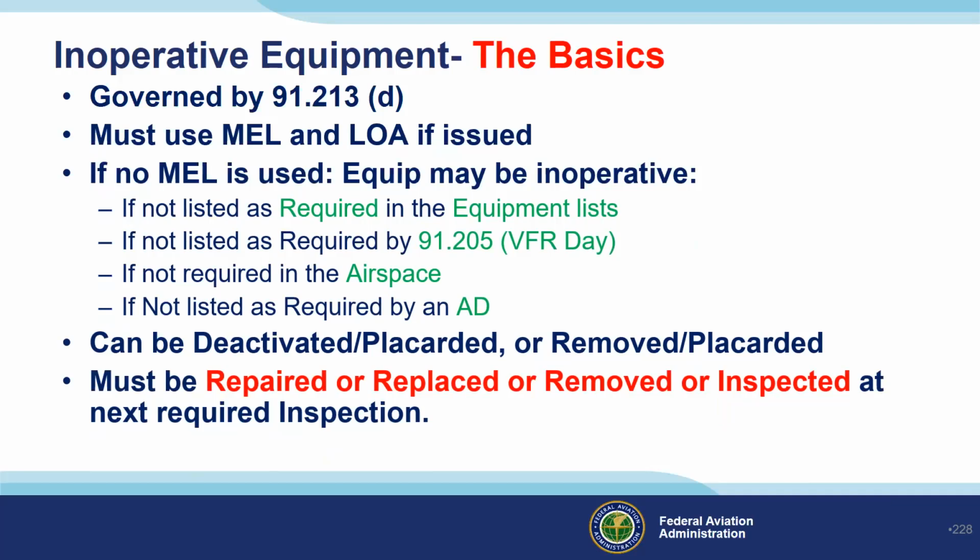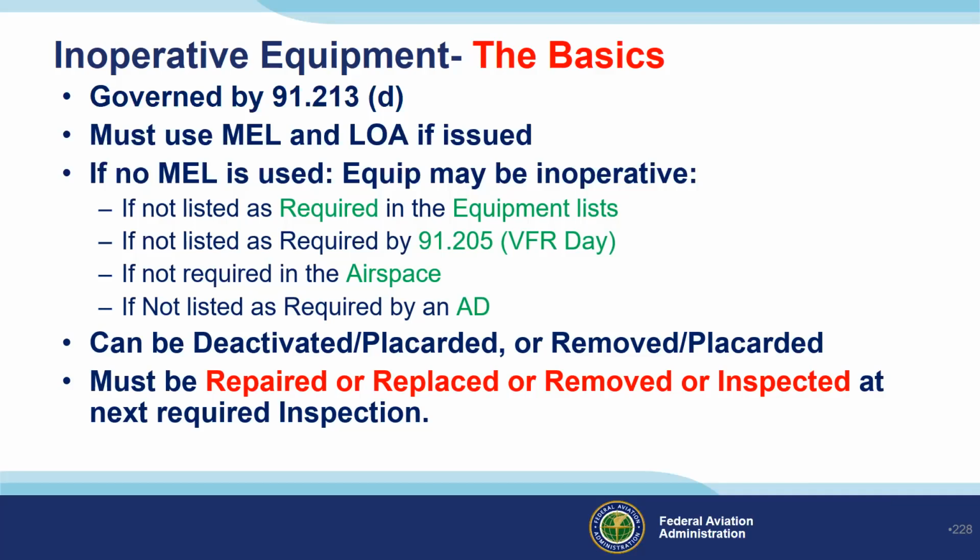If there is no MEL required to be used, the equipment may be inoperative if it meets that criteria that's listed right there. If it's listed as required in the equipment list, remember those equipment lists we looked at? It says R beside it, then it has to be operating.